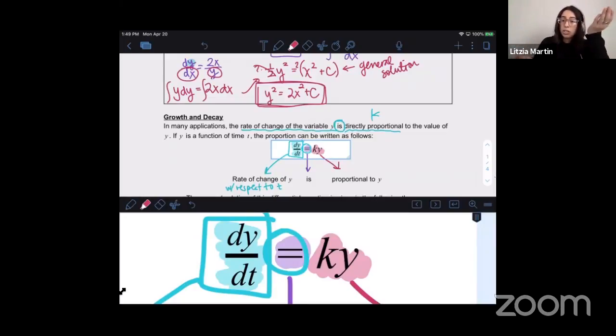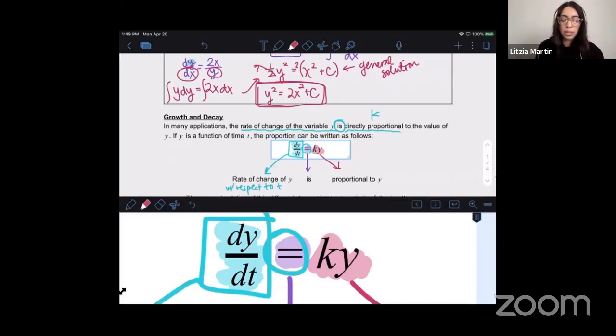If y changes, then the rate of change of y is going to change accordingly because they're directly proportional. Now k represents how proportional it may be. For example, if k is equal to 2, that means whatever your y is, your rate of change is going to be double that y value. And it's going to maintain that proportion as y changes. So that's what this equation is representing.